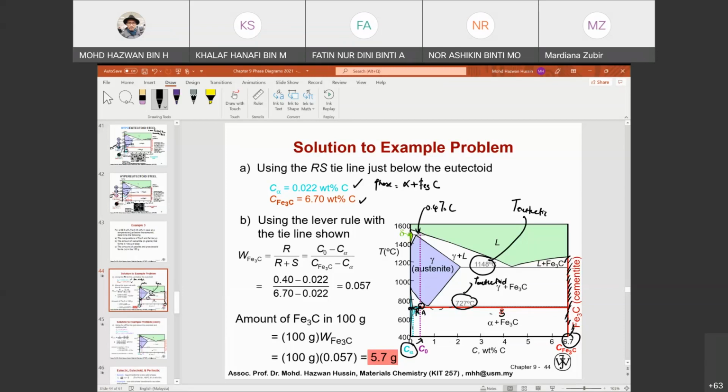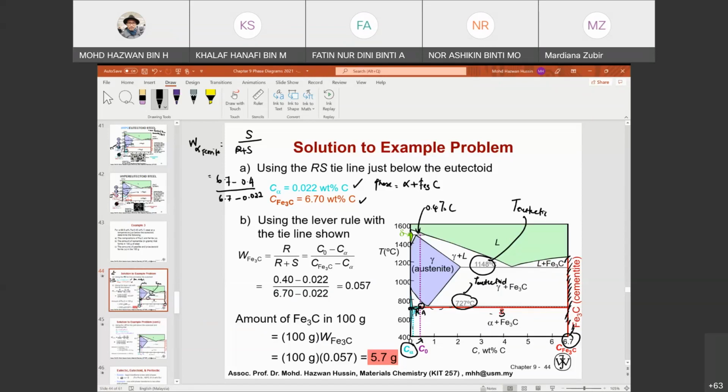Okay, so first we want to identify the weight fractions of alpha or ferrite. Ferrite is located on your left hand side. The opposite line will be S lah. So S over R plus S. So S is 6.7 minus 0.4, divided by 6.7 minus 0.022.